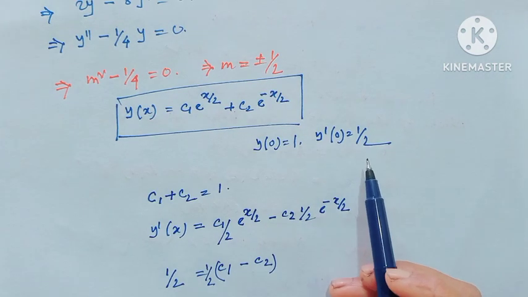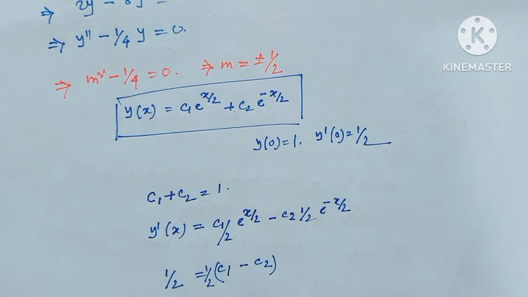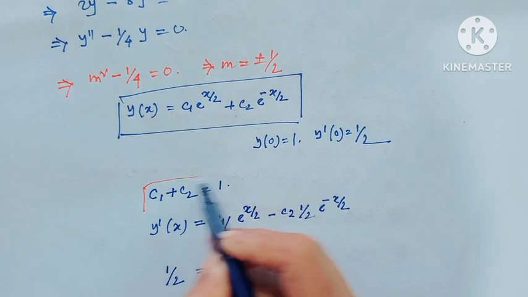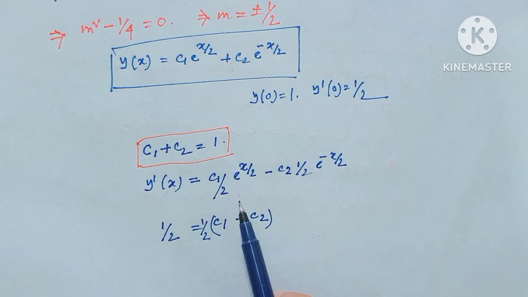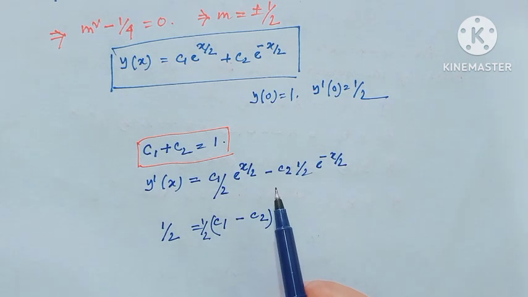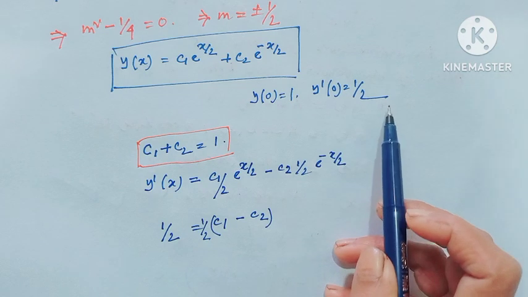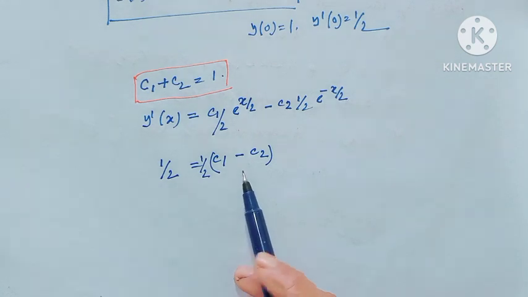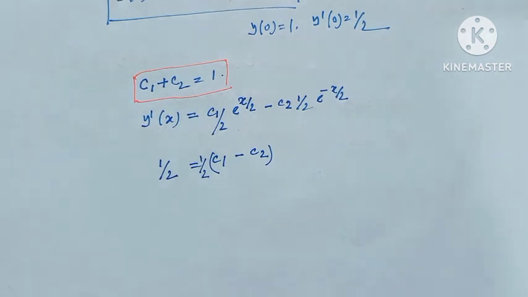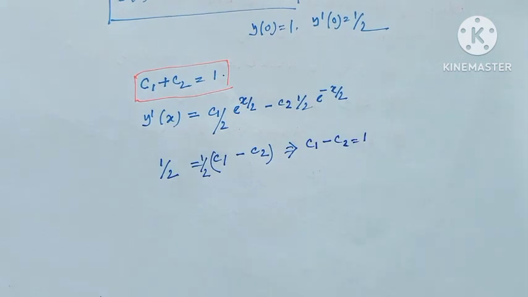Since y(0) equal to 1 and y prime(0) equal to half, that implies c1 plus c2 equal to 1, and y prime(x) means obviously c1 half e to the power x over 2 minus c2 half e to the power minus x over 2. y prime(0) equal to half. This means half equal to half (c1 minus c2), that implies c1 minus c2 equal to 1.